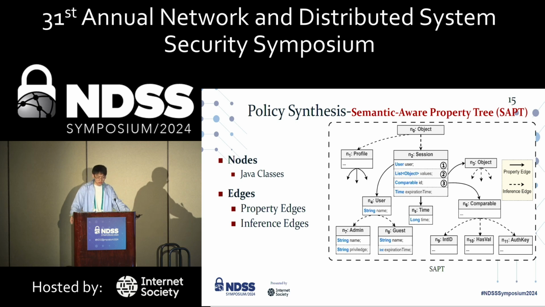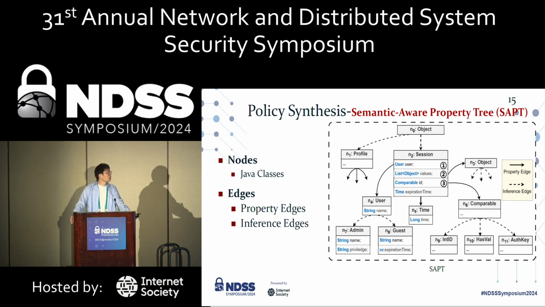During the policy synthesis, DeseriGuard first builds a SEPT from each deserialization entry based on application source code. Nodes of SEPT are Java classes, which are connected with the property edges and the inference edges. SEPT captures all potential structure of the deserialized object, from which we could find all necessary classes for deserialization entry.